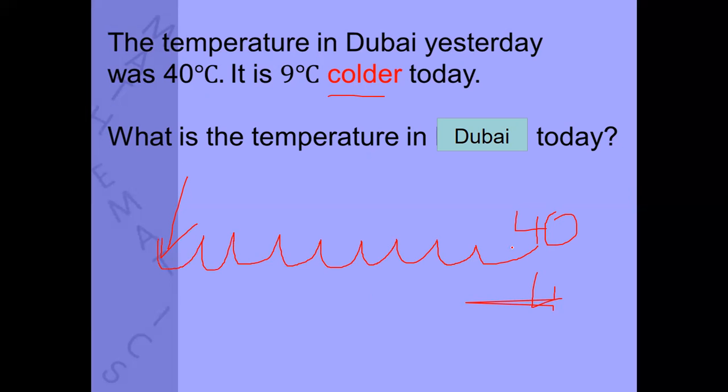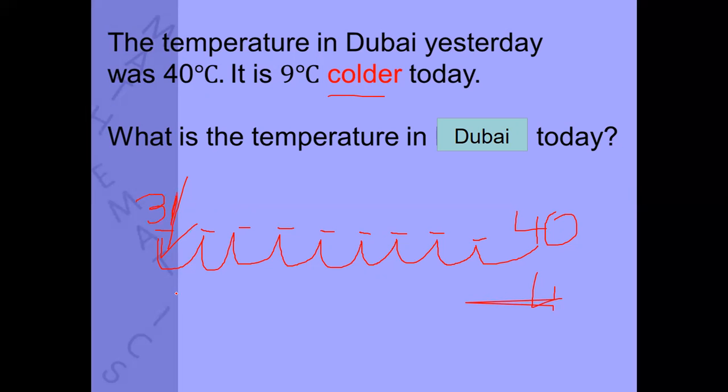Okay, so 39, 38, 37, 36, 35, 34, 33, 32, and 31. So therefore, the new temperature is 31 degrees Celsius.